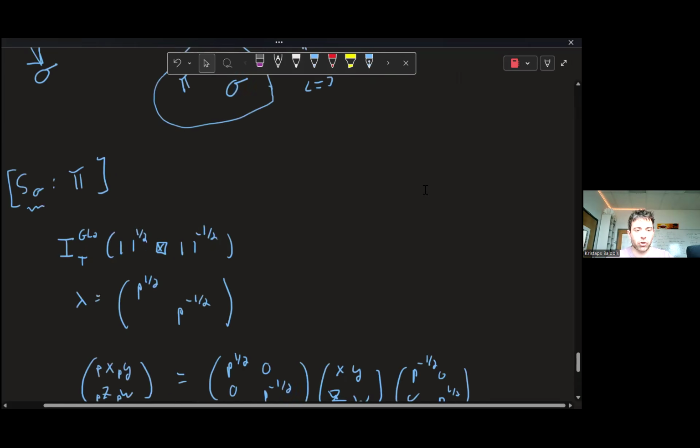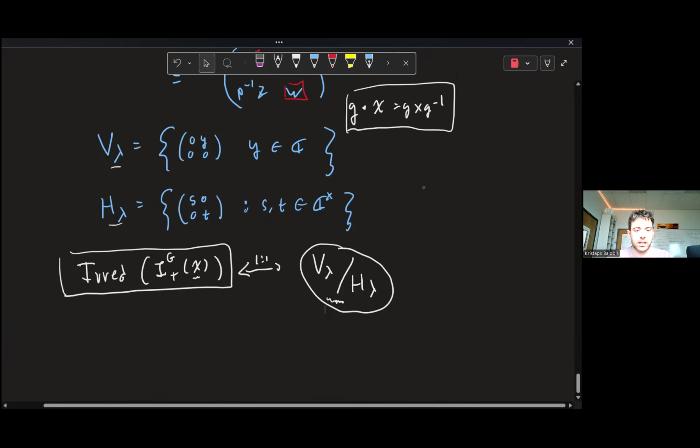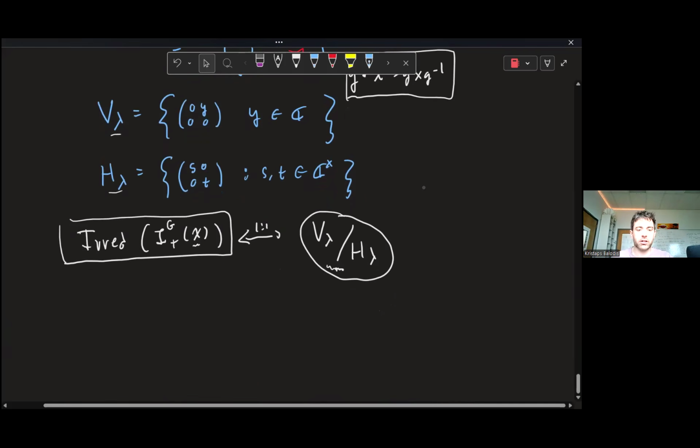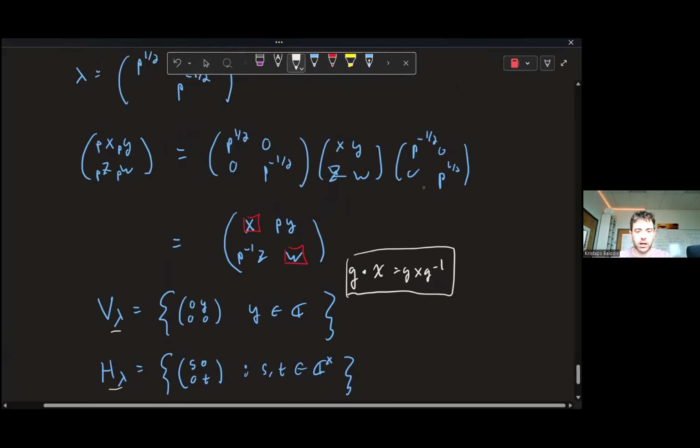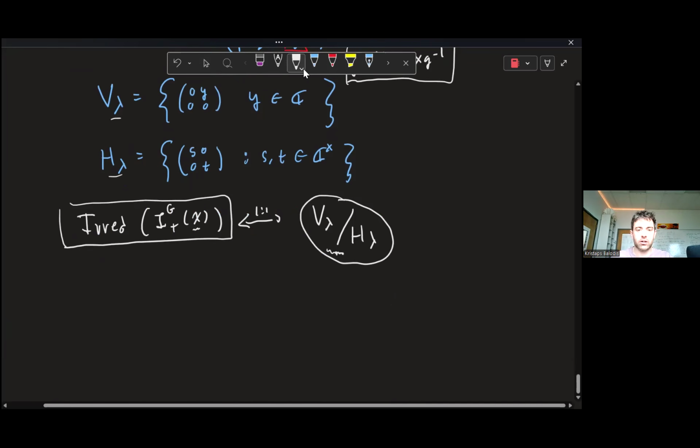Yeah, so that's the basic idea. So in this case, for our particular example, where we've taken 1/2 and minus 1/2, we can see that the group acting, how does an element of H lambda act on an element of our variety?